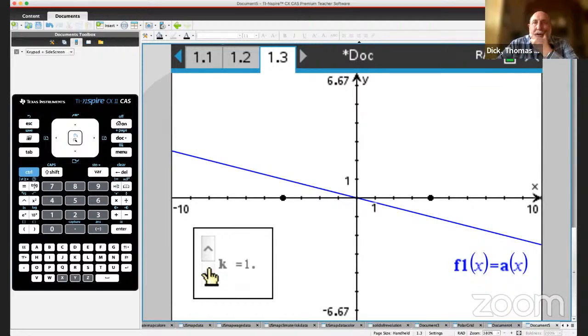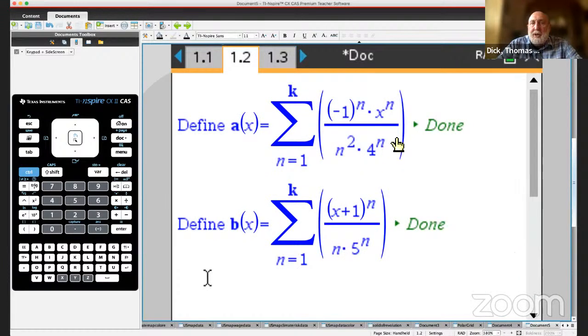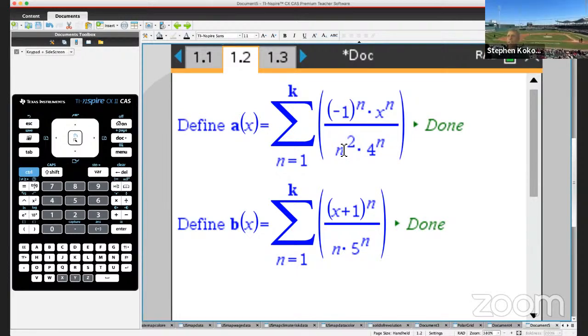Yeah. In fact, I was musing a bit on it, Steve, and just going back to this original thing. We talked about the very first term is just -x over 4. And seeing this denominator has both n squared and 4 to the n in it, I'm thinking that the additional terms shrink pretty fast for values of x that are between -4 and 4.